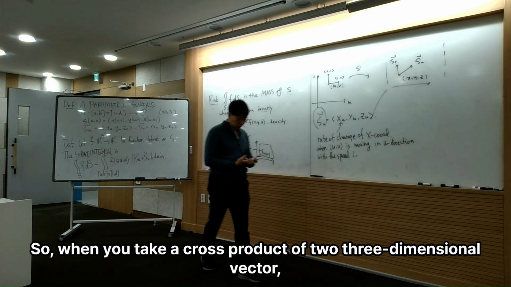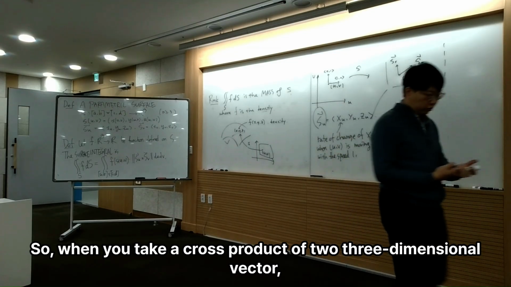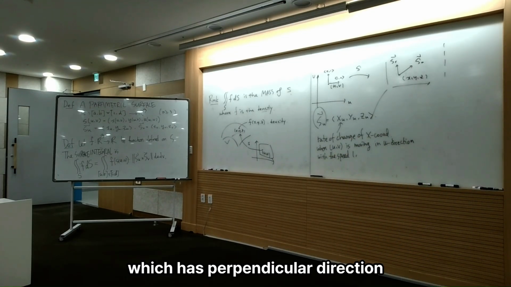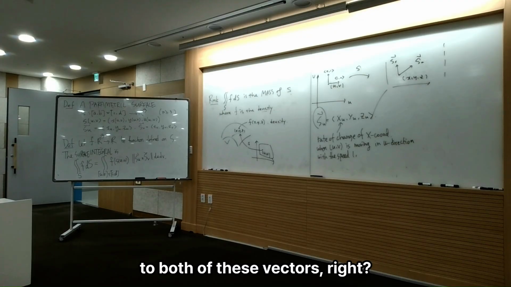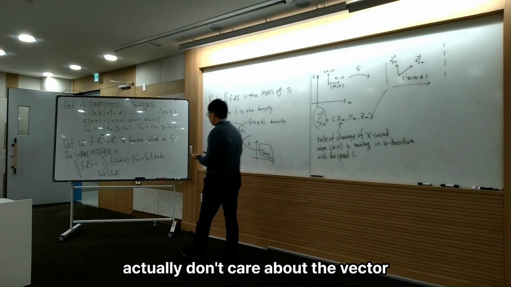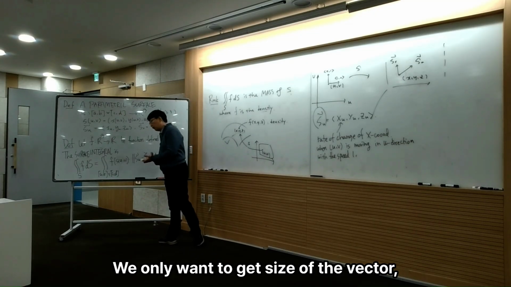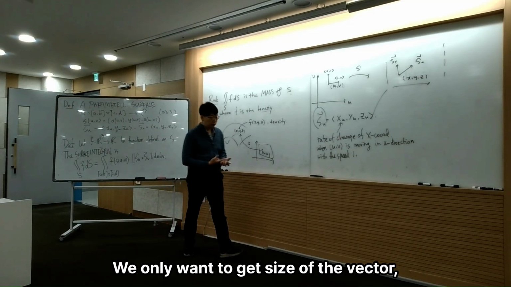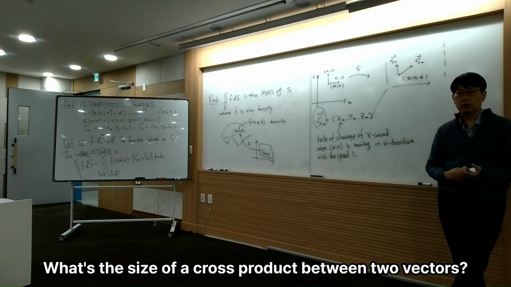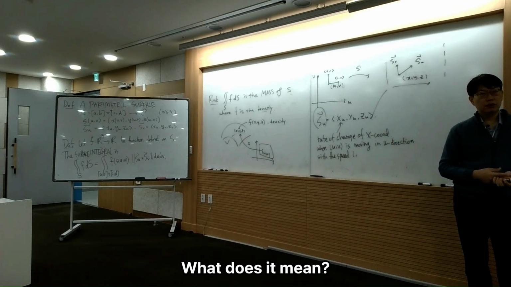When you take a cross product of 2 three-dimensional vectors, you get a vector which is perpendicular to both of these vectors, right? But here we actually don't care about the vector. We only want the size of the cross product. What's the size of a cross product between 2 vectors? What does it mean?